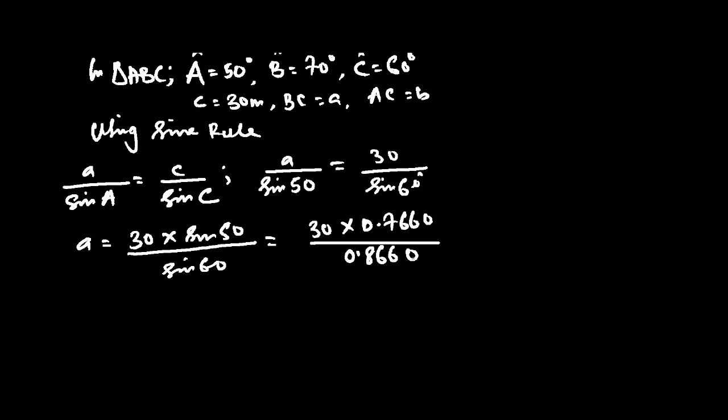Do you get this now? Okay, so if you take this fraction, you have that A is equal to 26.54. So are we given any restriction? No restriction. So we can stop here and call this meter.